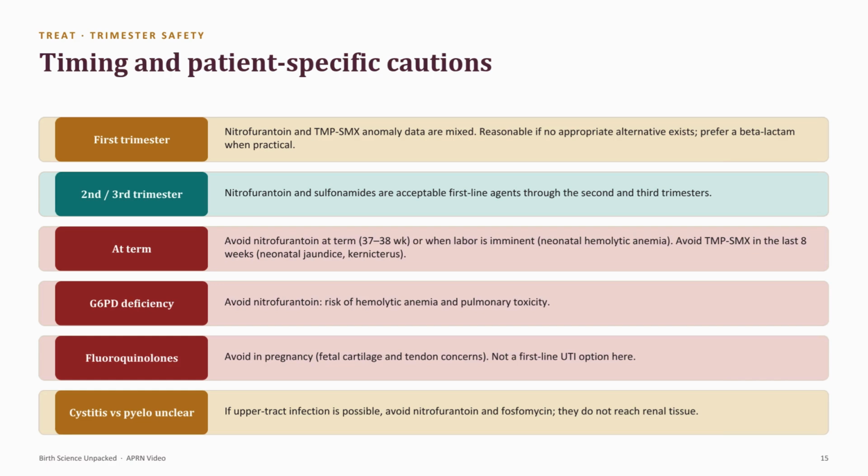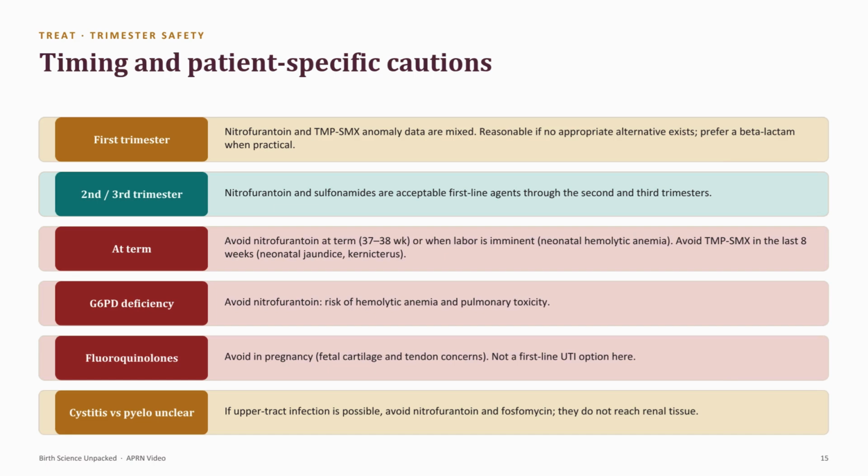At term, meaning 37 to 38 weeks, or even when labor is imminent, stop nitro because of neonatal hemolytic anemia, and avoid trimethoprim in the last 8 weeks because of neonatal jaundice and kernicterus. In glucose 6-phosphate dehydrogenase deficiency, no nitro.